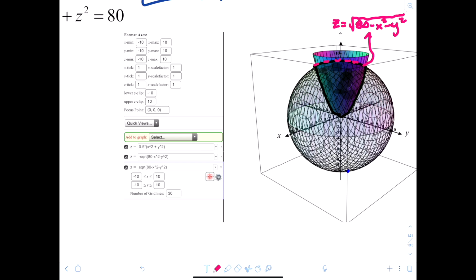Now the bottom part of z would be our g2 of x and y equals that.